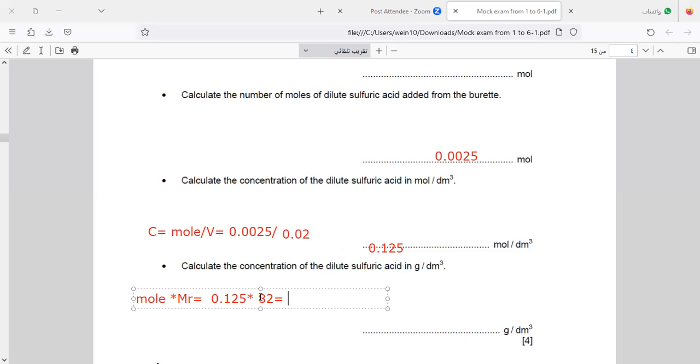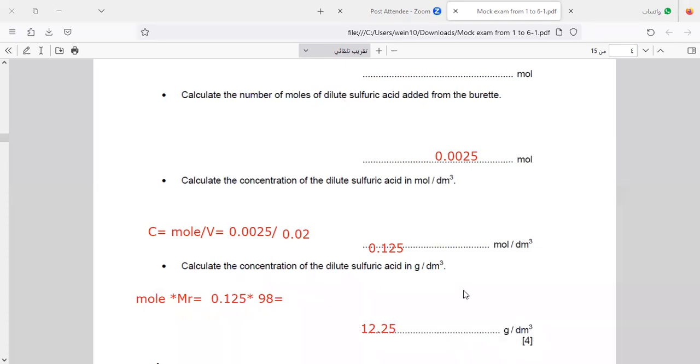No, this is not 82, because H2 is 2 plus S, sulfur, is 32, O4, 4 multiplied by 16, 64. So the answer here is 98. This is the MR for H2SO4. Multiply 98 with 0.125, it will be 12.25 gram per cubic decimeter.